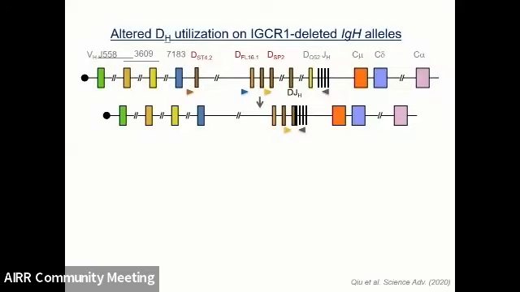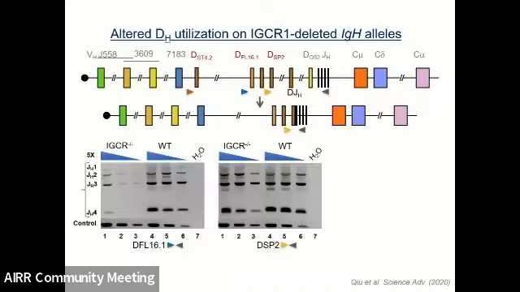Depending on which combination you use, you can assay which D gene segments are represented in the genomic DNA that you're looking at. So the data I'm going to show you comes out of pro-B cells obtained from genetically altered animals.